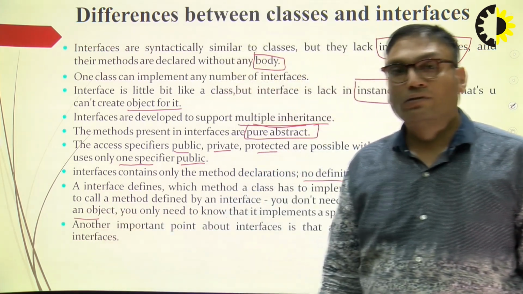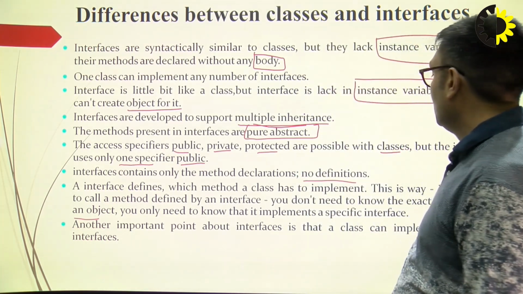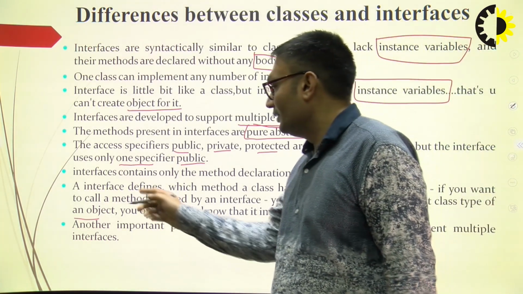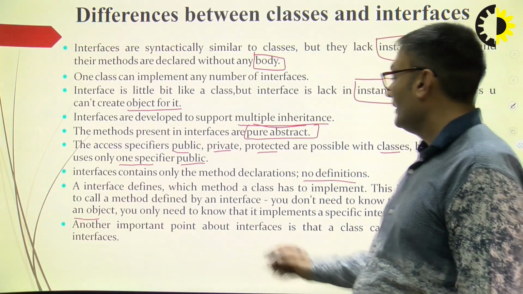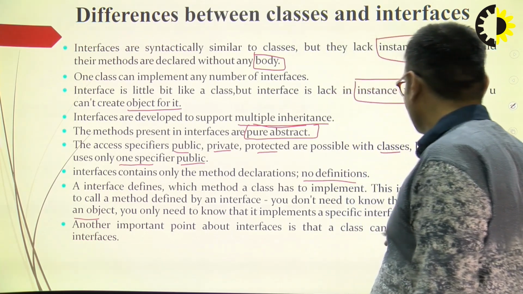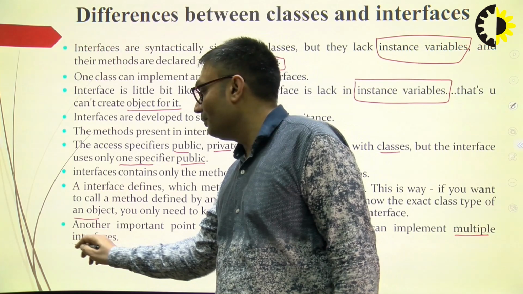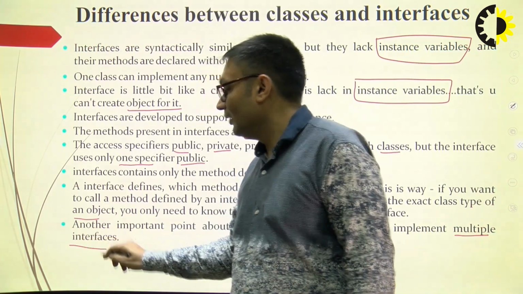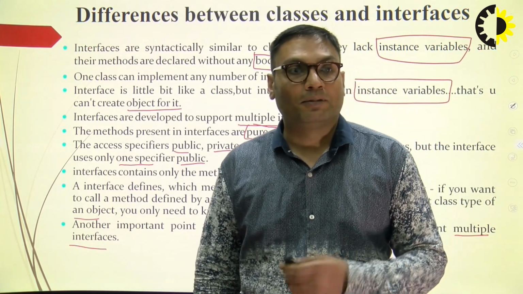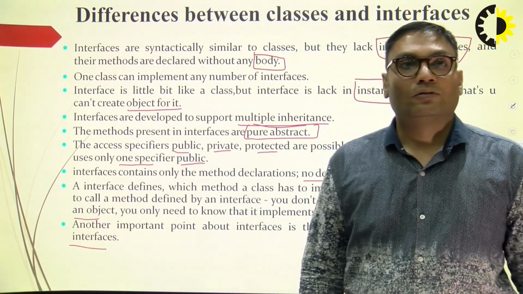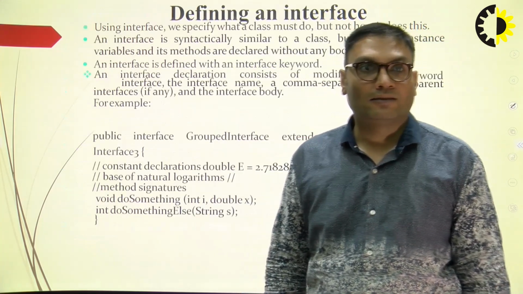But in a class we know the type of an object, so this is another main difference. And another point about interfaces is that a class can implement multiple interfaces, but a class can't extend multiple classes. So these are some differences between interfaces and classes.